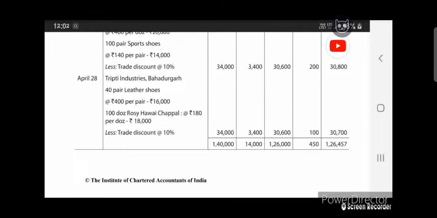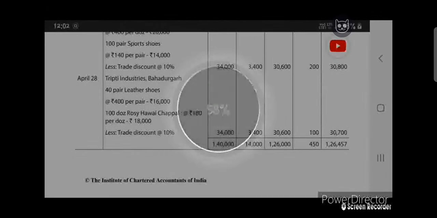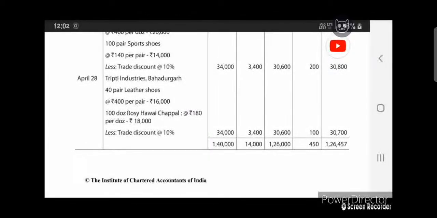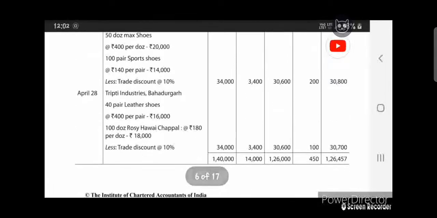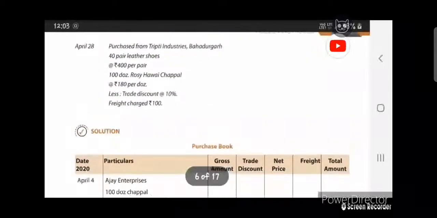If you minus 14,000 from 1,40,000, it will be 1,26,000, and 450 is the amount you are paying for freight. So if you do the total, you will get 1,26,457 rupees as the total amount you are paying to them.